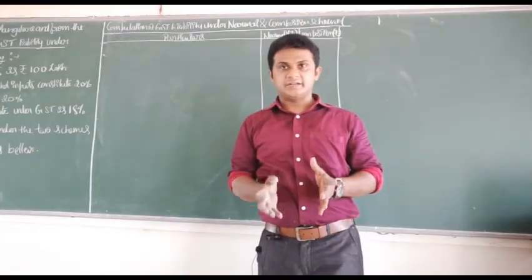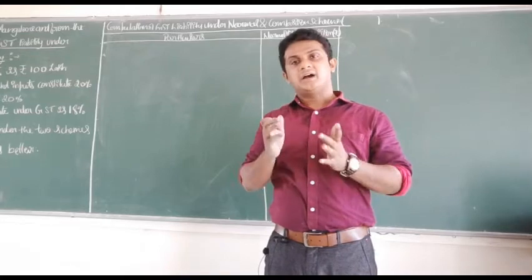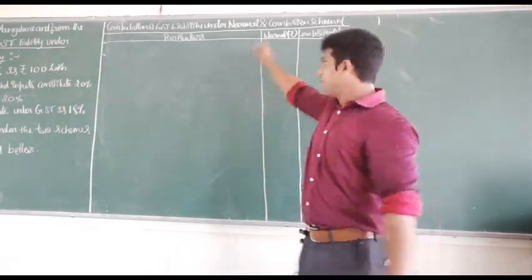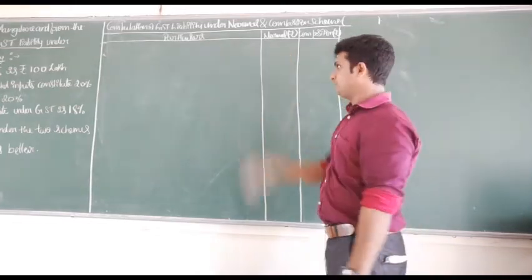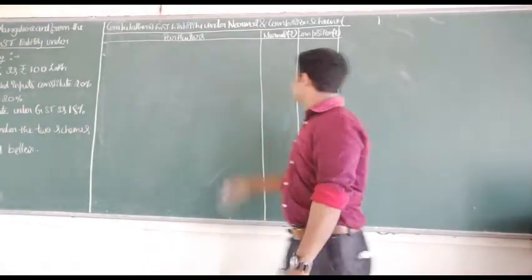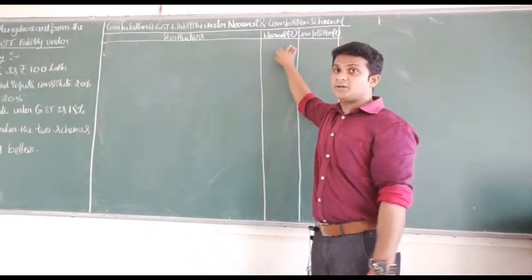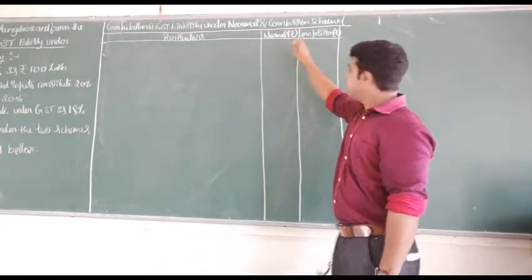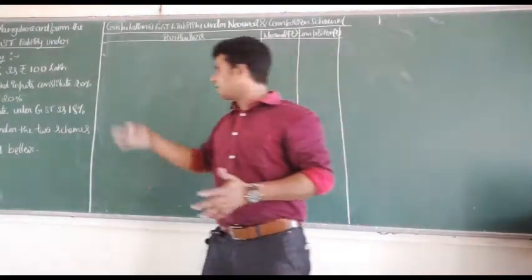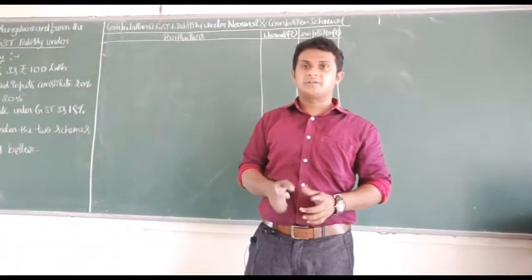Since we are calculating the tax liability under normal scheme and composition scheme simultaneously, we are drawing two columns for the amount. First column is for particulars, where we are writing the details. Second column is the normal scheme column, which is expressed in rupees, and then the composition scheme column. If you see, in the question the values are given in lakhs.